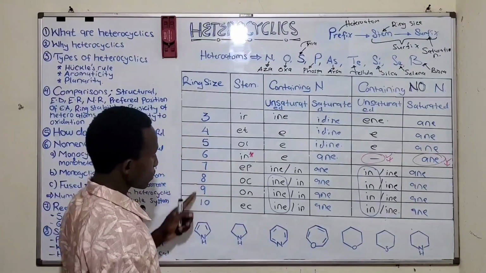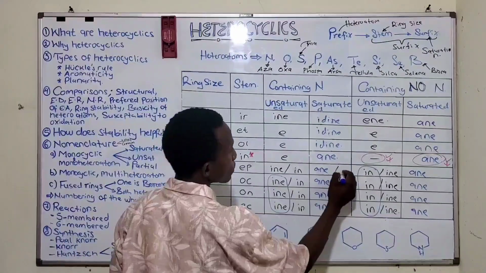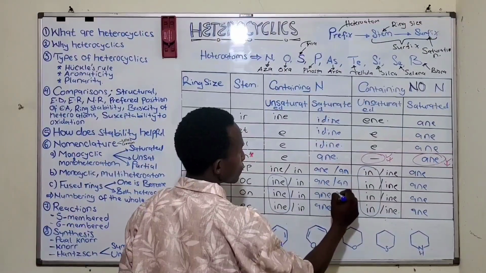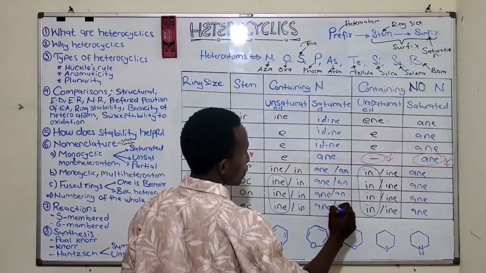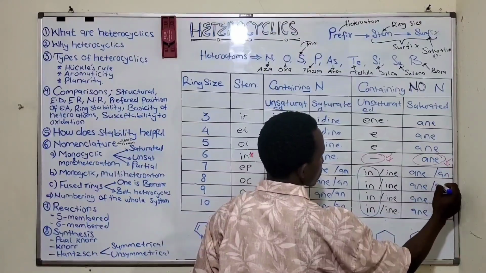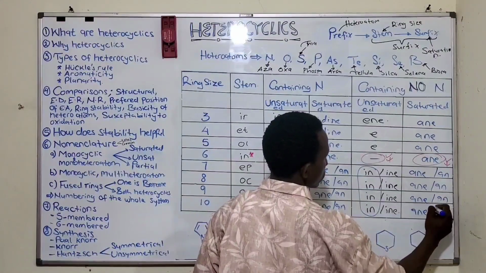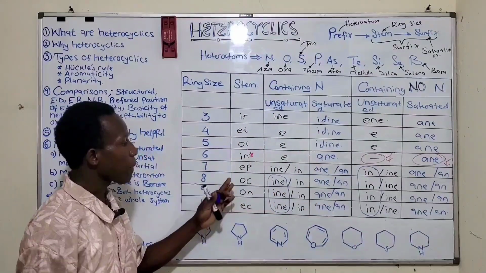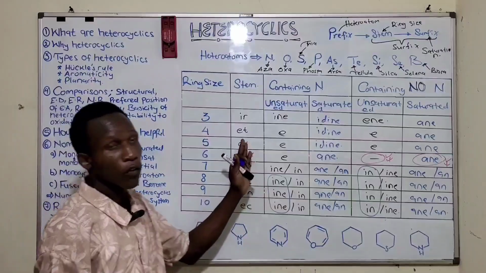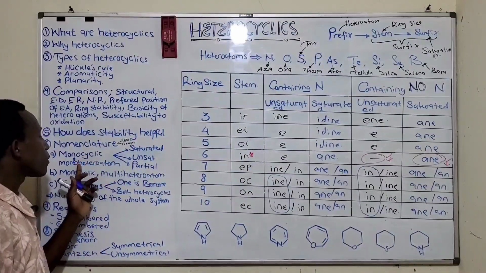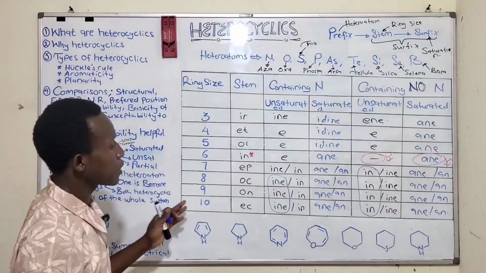But from 7, sometimes just write an AN, AN, AN. Also here, sometimes they just write AN from 7. So this is a summary of how we name the heterocyclics, the monocyclic, monoheteroatom heterocyclics.